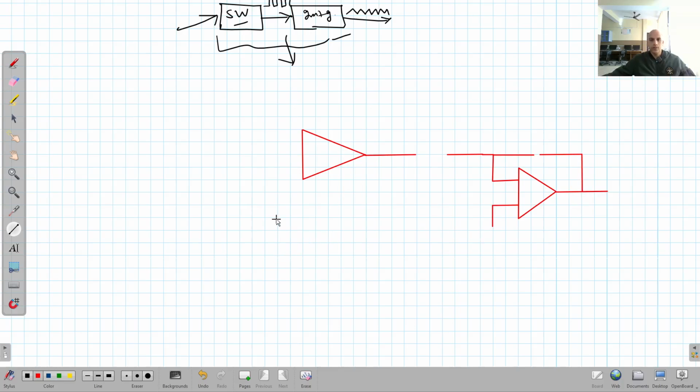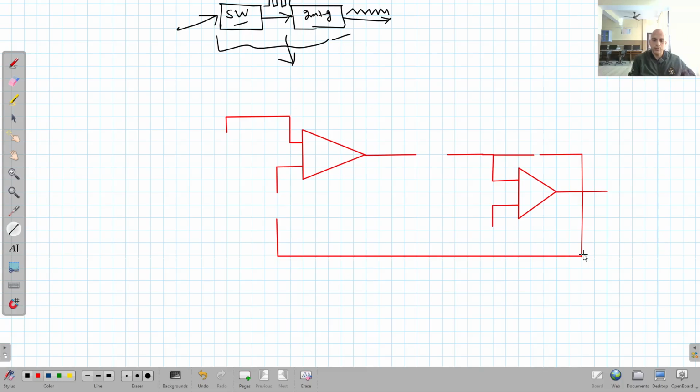In this case also, we will have two inputs. So this makes the circuit complete.